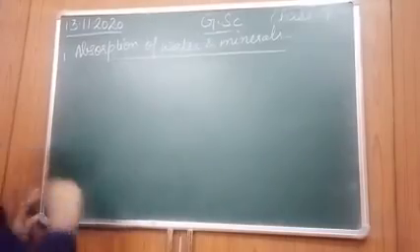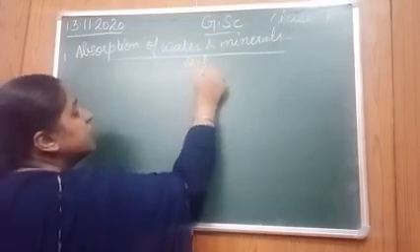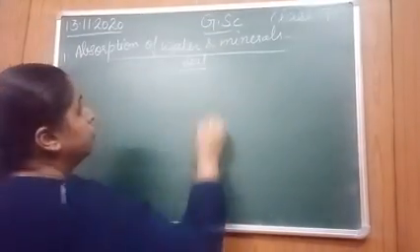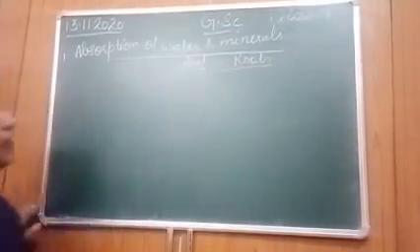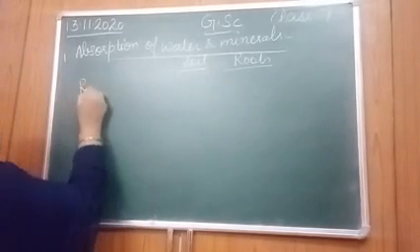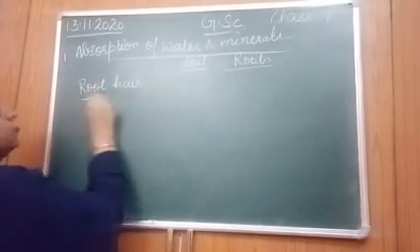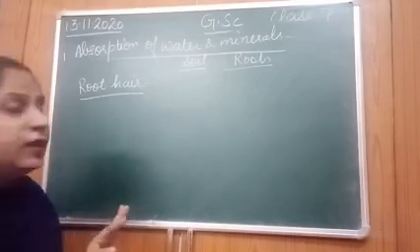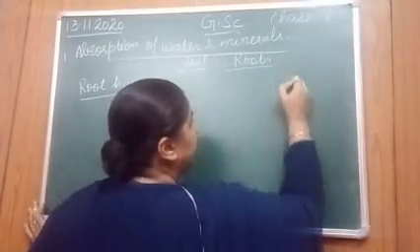They are absorbed from the soil. Who is responsible for absorption? Roots. So how are they absorbed? Actually, these roots contain root hair. These roots have a special structure called root hair. If you remember, we had done this in 6th standard also.